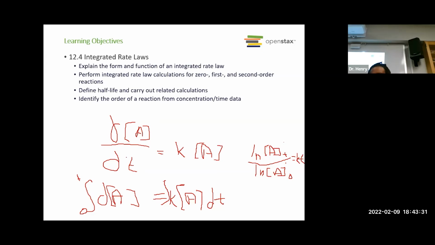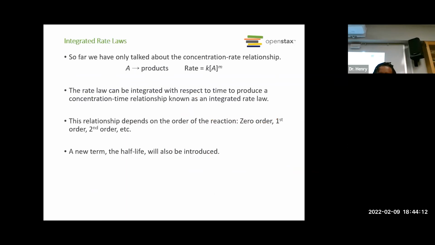We bring this guy over to the other side, right? So you get, I'm rusty here, bear with me, dA over A is equal to K dt. K is a constant, so it's being multiplied by 1. The integral of 1 is just going to be x, or in this case, t. So this is how we end up with this guy here.